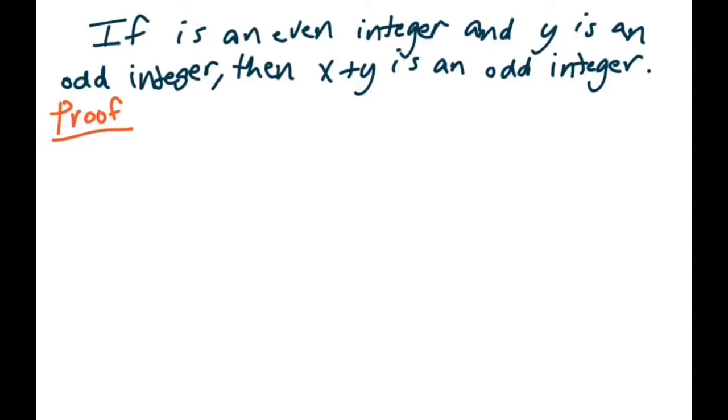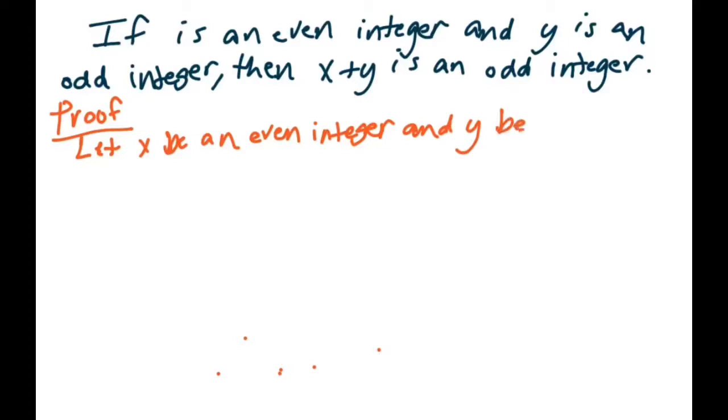But let's say we need to let x be an even integer and y be an odd integer. Instead of the word let, you can also use the word assume.